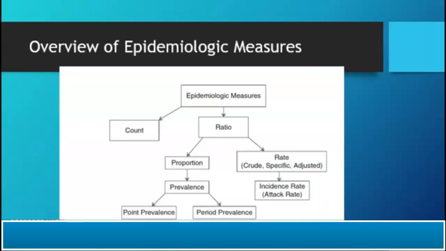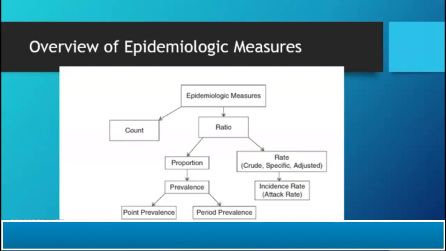To start off, this is a wonderful figure that's in your Friis and Sellers book, and this is a breakdown of what a ratio represents. As you can see, in epidemiological measures, you can have counts.